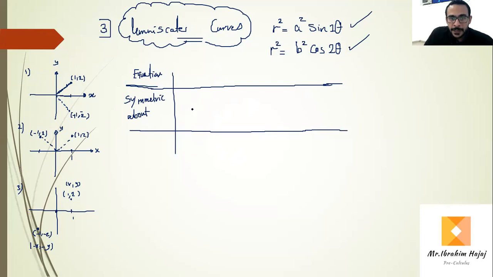So pay attention, guys. Here in our lemniscate curves, we also have symmetry, or we have to test the symmetry of the equation. How to test the symmetry of the equation? I will do 3 tests.